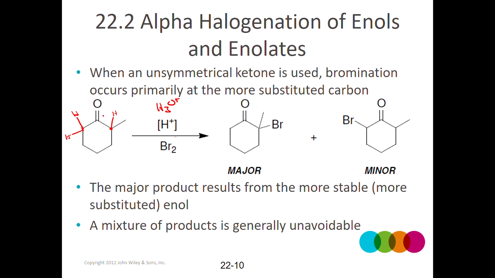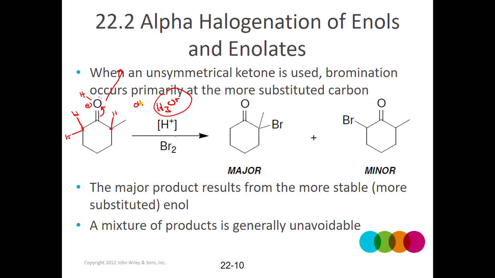So what will be happening here is the acid catalyst is going to convert this into two different enols. The acid would first protonate the oxygen. Once it's protonated, it really does attract these electrons up quite strongly.